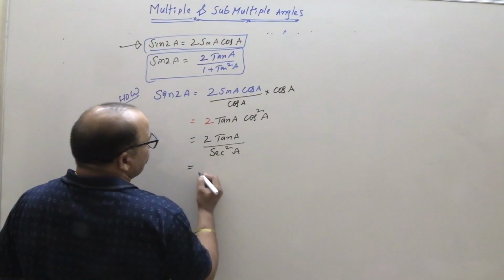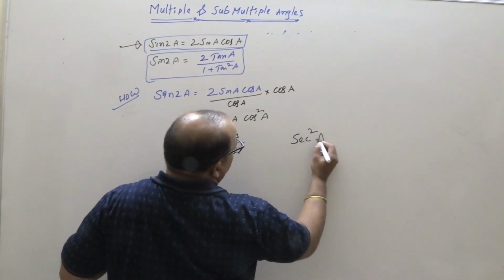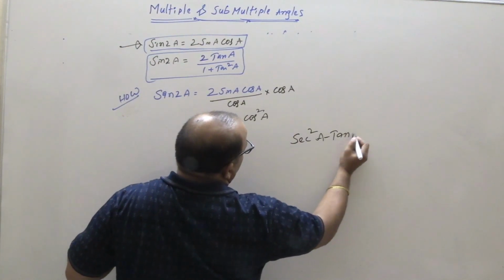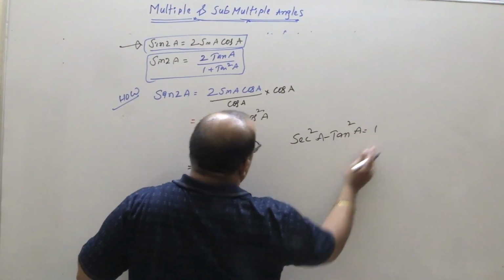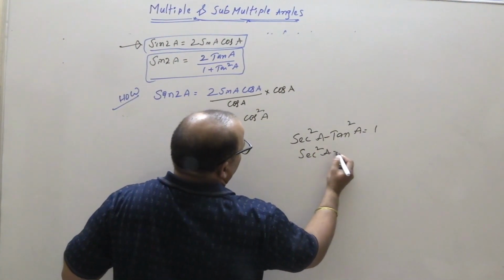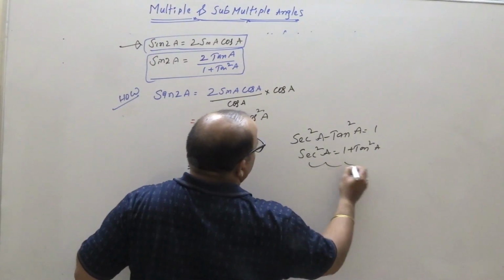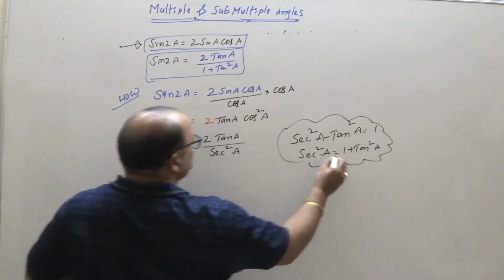Yes, students, already you know that secant square a minus tan square a is equal to 1. In the place of secant square a, now 1 plus tan square a, this is an identity from the previous lecture. Okay, students?